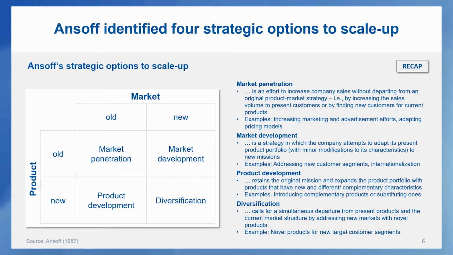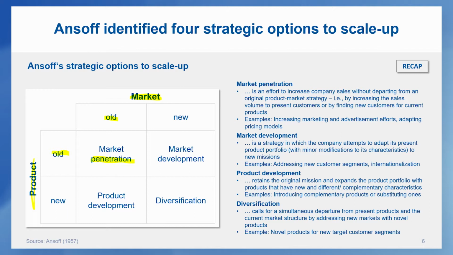What did Ansoff say? Ansoff said basically, you do have a market-product combination. This is what your company is about. And now you can think about what you want to grow. So you have the market and the product, and you can penetrate the market, so you can try to sell more in the market you're already in with the products you already have. That's market penetration.